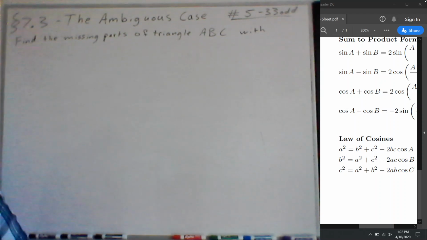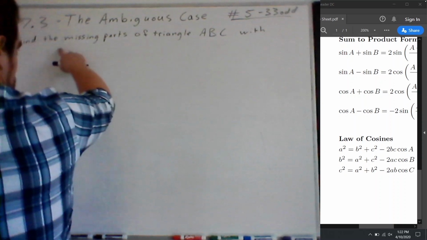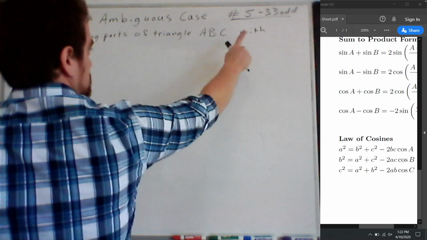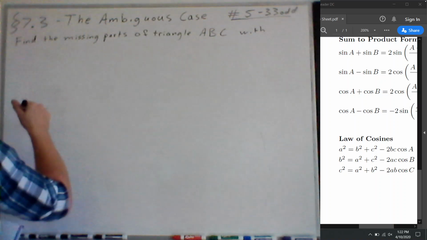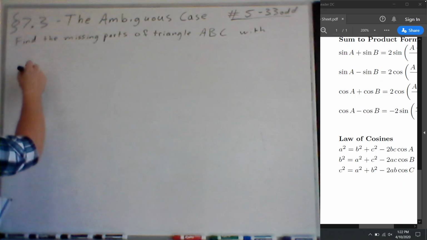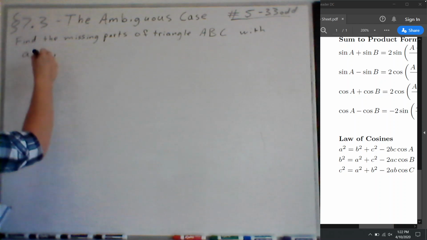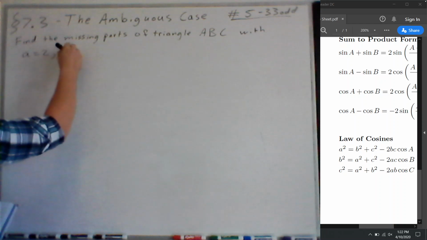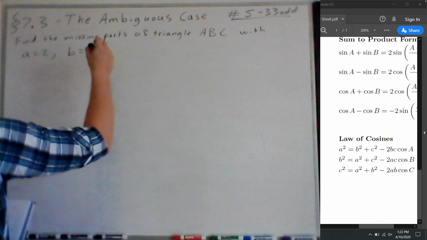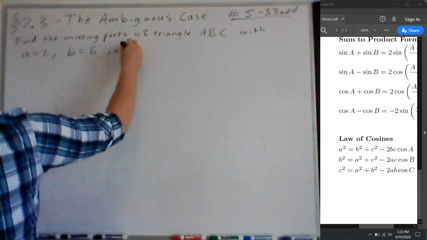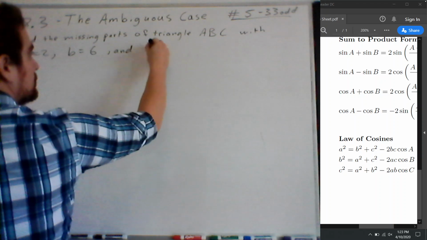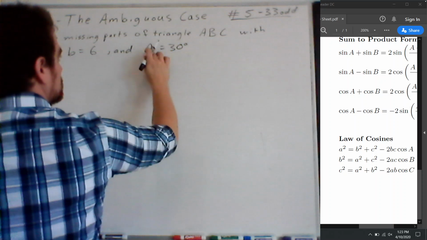So I just want to go through one example where it has us find the missing parts of triangle ABC with, see, I was smart, I didn't erase it. This will give us little a is 2, little b is 6, and capital A is 30 degrees.